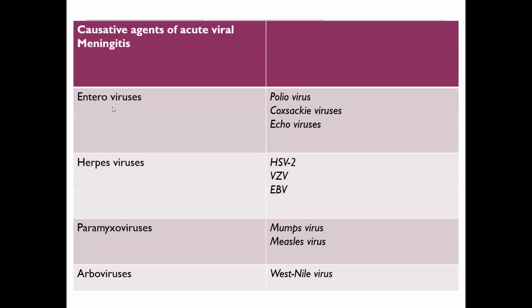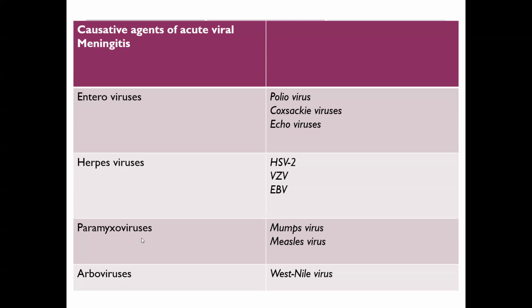What are the causative agents of acute viral meningitis? As we discussed, enteroviruses are the most common causative agents, such as poliovirus, Coxsackie virus, and echoviruses. Next, herpes viruses such as herpes simplex virus 2, and varicella zoster virus, which generally causes chickenpox, and EBV, the Epstein-Barr virus.